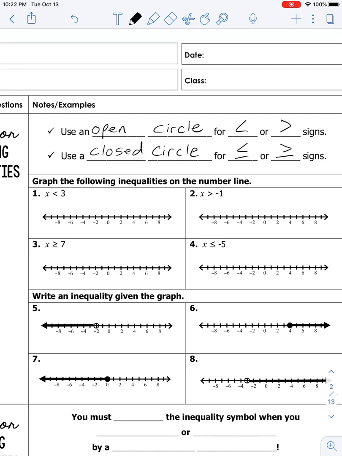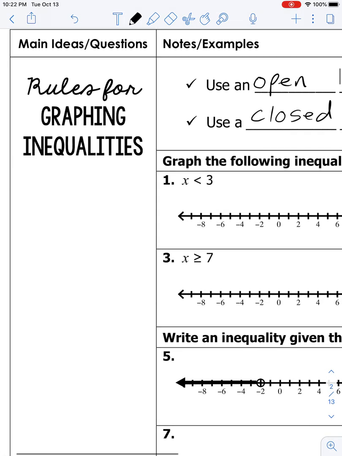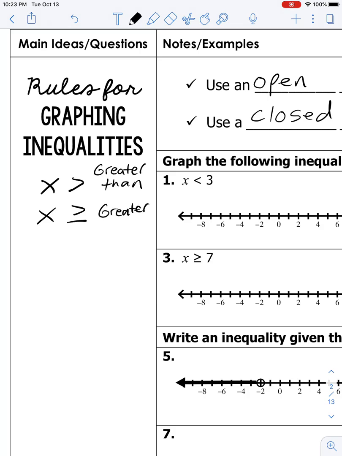Okay, so when graphing, I want to make this completely clear. When the big mouth, regardless of whether it's greater than or equal to, so this is greater than, this is greater than or equal to.